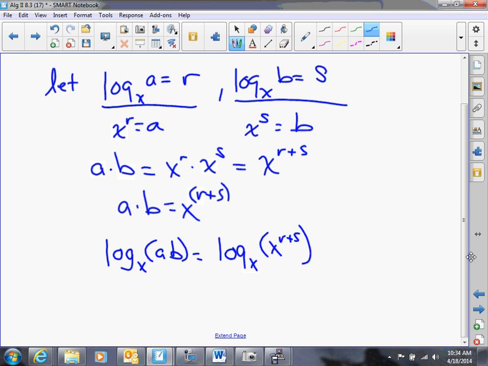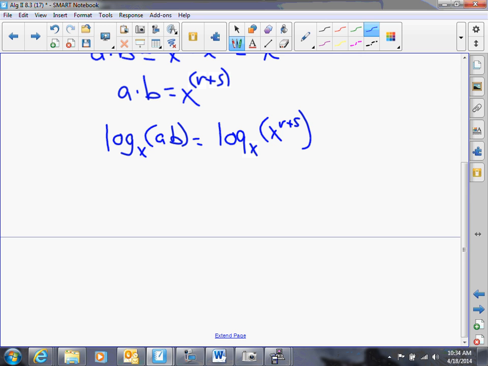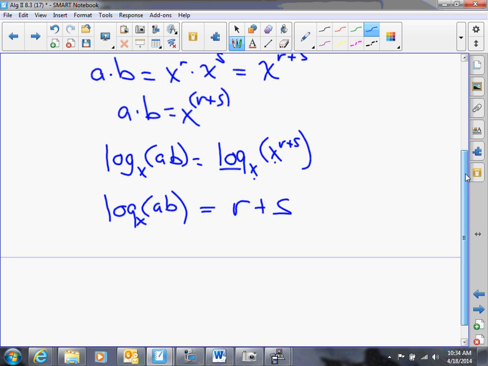Now, we're going to use our understanding of the definition of logs again here. We have the exponent on x that gives x to the R plus S. In other words, we're asking the question, what would you put on x as an exponent to get x raised to the R plus S? Well, obviously, it would be R plus S, right? So we have log base x of AB is equal to R plus S. But now what is R?